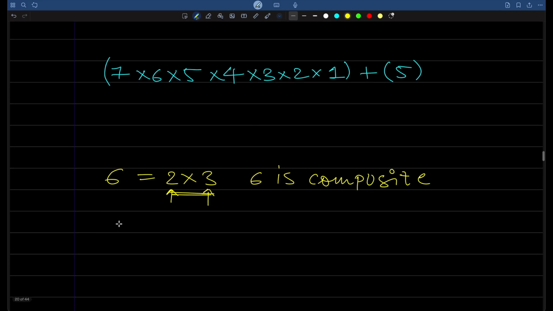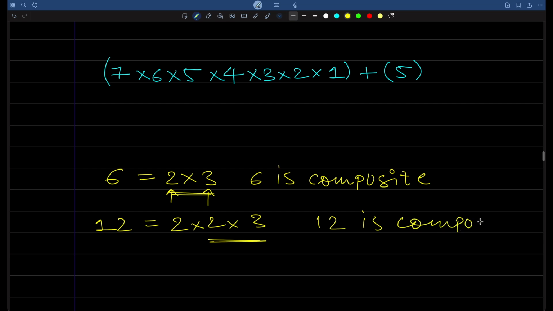If I want to say that 12 is a composite number, I will just say that 12 is a product of prime numbers, that is 12 equals 2 into 2 into 3. It is a product of two or more than two prime numbers, hence 12 is composite.